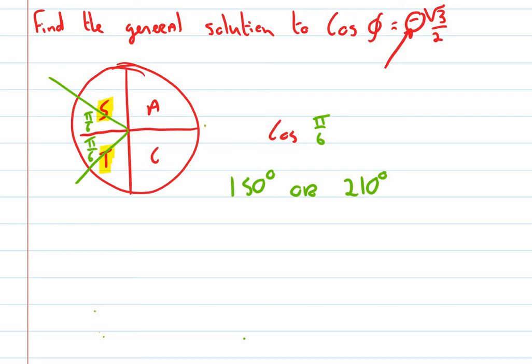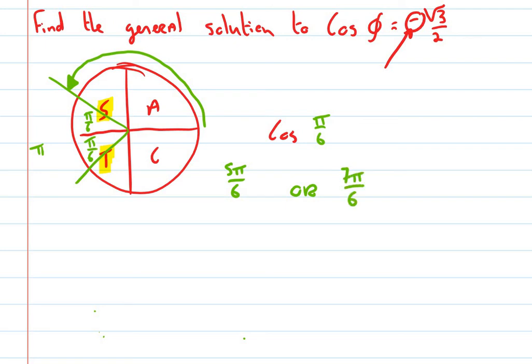And remember, from here all the way to here is pi radians. So from here to here, rather than 180 degrees minus 30, it would be pi radians minus pi over 6 radians, which would give us, instead of 150 degrees, 5 pi over 6 radians. And likewise down here would be pi plus pi over 6, which would be 7 pi over 6 radians.